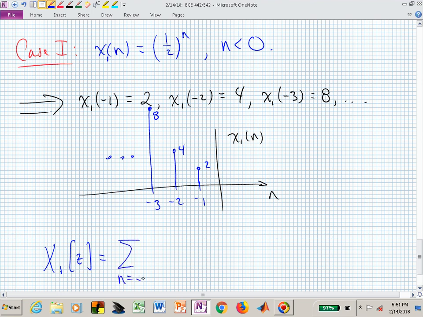Now we just plug in the definition. We know it's from -infinity to infinity, this infinite sum of x sub 1 of n. But this x sub 1 of n is really only valid for negative values of n, so we could make that clear by putting this switch into x sub 1 of n, and then we have z to the minus n.